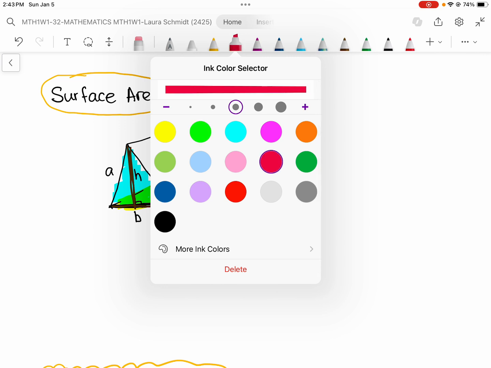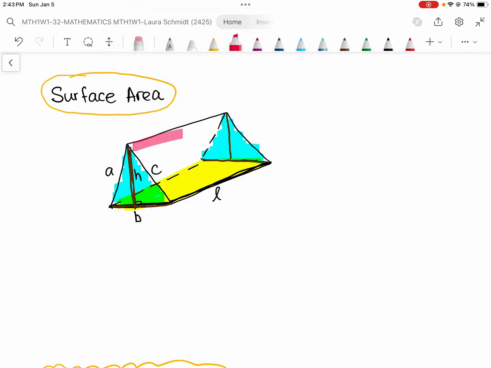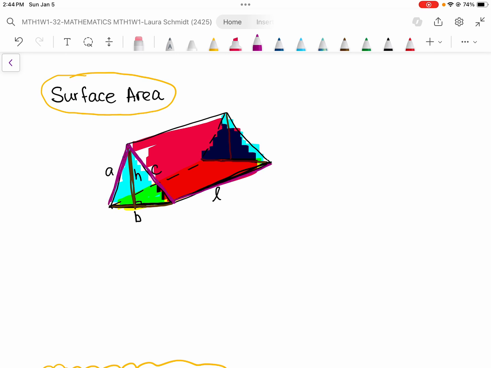You have this front side here, as well as the back side there, where you would have to do length times width. In this case, it'd be C times L, and for the back one, it would be A times L. So surface area is just finding the area of each side of your 3-dimensional shape.